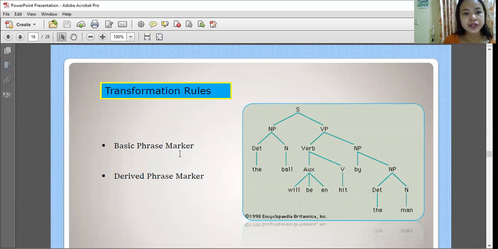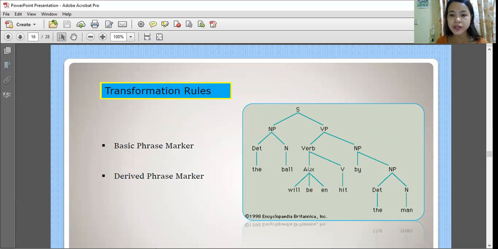And here a transformation rule has a basic phrase marker, derived phrase marker. "The ball will be hit by the man." Here, "the" is a determiner and "ball" is a noun. It can become a noun phrase, and "will be" is an auxiliary verb. "Hit" is a verb.